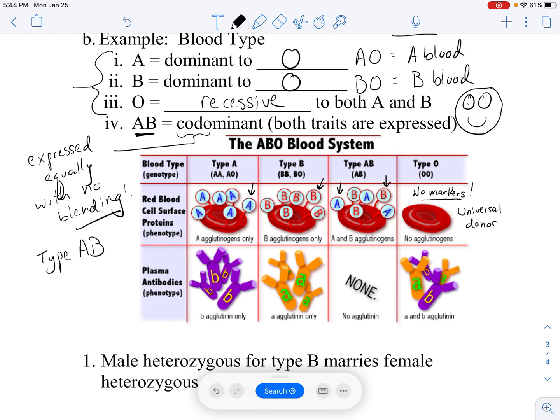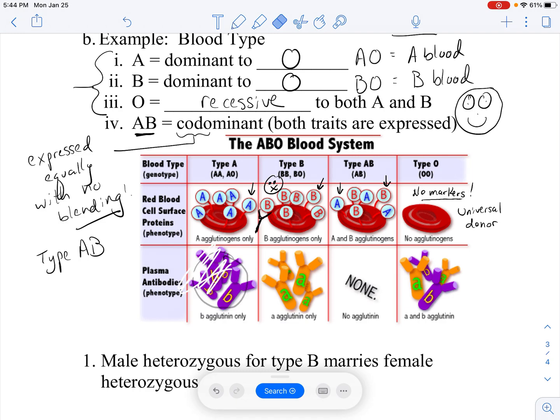But if I were given B blood, those B markers do not match my blood type. And also, I make B antibodies. Now that we've talked about COVID, remember, B antibodies are going to tag these B cells and say, these don't belong. So what will happen is your body will try to destroy those blood cells, and actually it can be fatal.